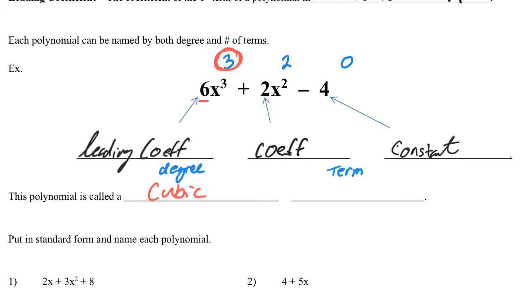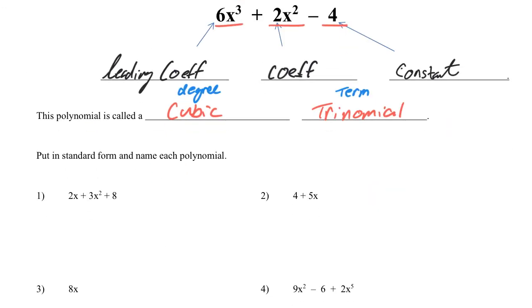Okay, and then we have 1, 2, 3 terms. So this is a cubic trinomial. Okay, and now it has its name. So every polynomial is always going to have 2 names describing its degree and its number of terms. So let's go name a few more.